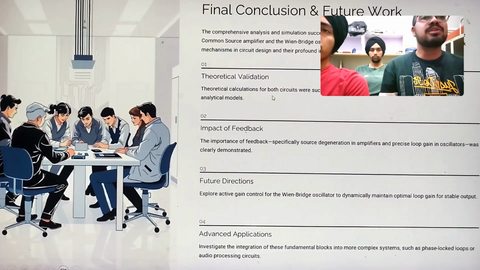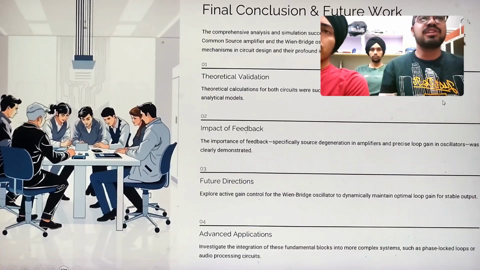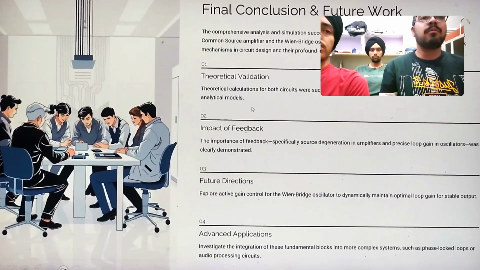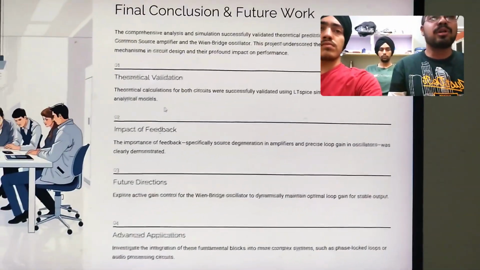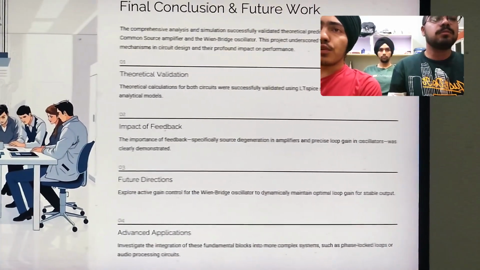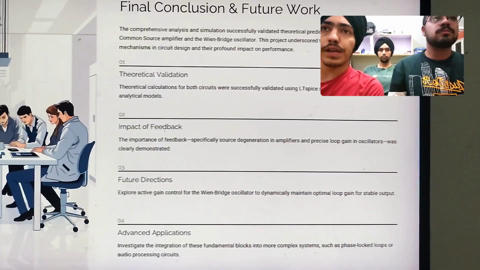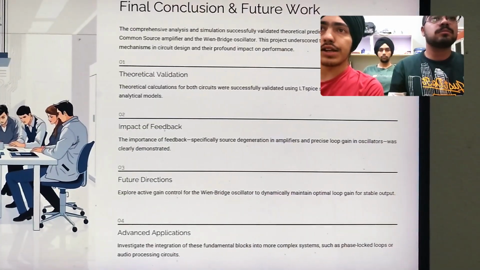The theoretical calculations for both the circuits were successfully validated using the LTSpice simulation, confirming the analysis and the analytic model. The importance of feedback, especially source degradation in the amplifier and precise loop gain in the oscillator, was clearly demonstrated.